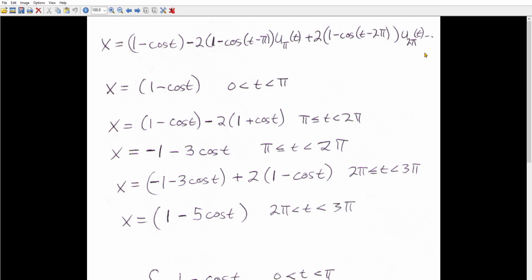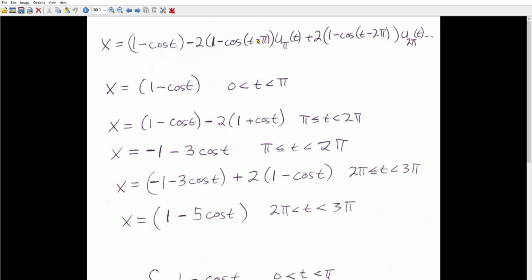And now we have to figure out what this thing is. Now, when t is less than pi, all of the u_pi terms are 0, and we've just got this 1 minus cosine t. When t is between pi and 2 pi, this term turns on, and what we get is 1 minus cosine t minus 2 times (1 minus cosine of t minus pi).